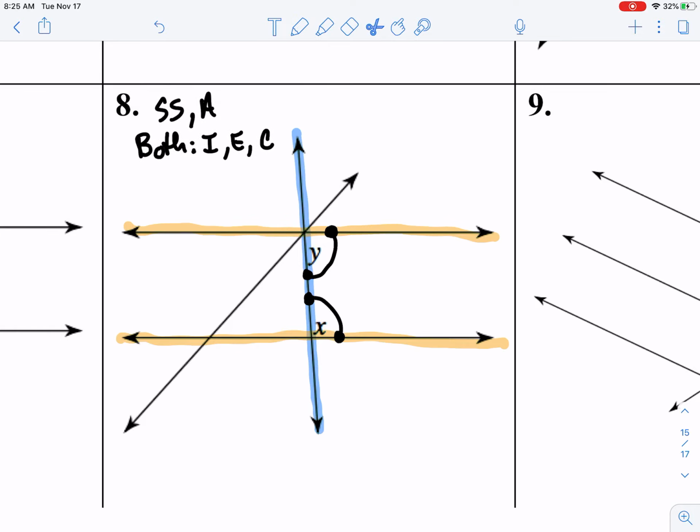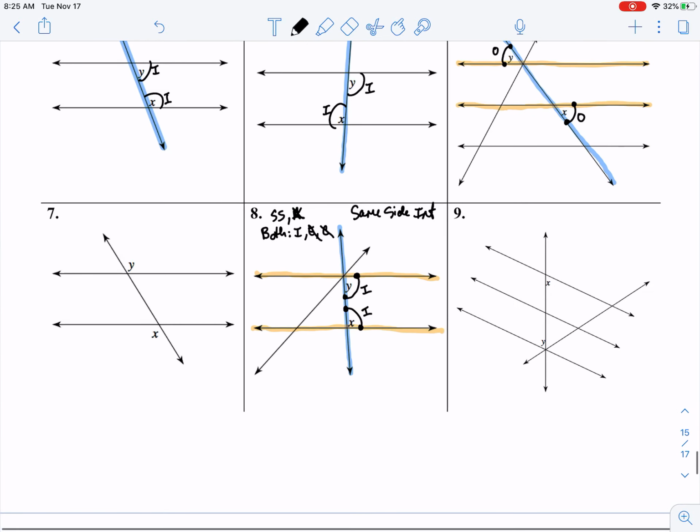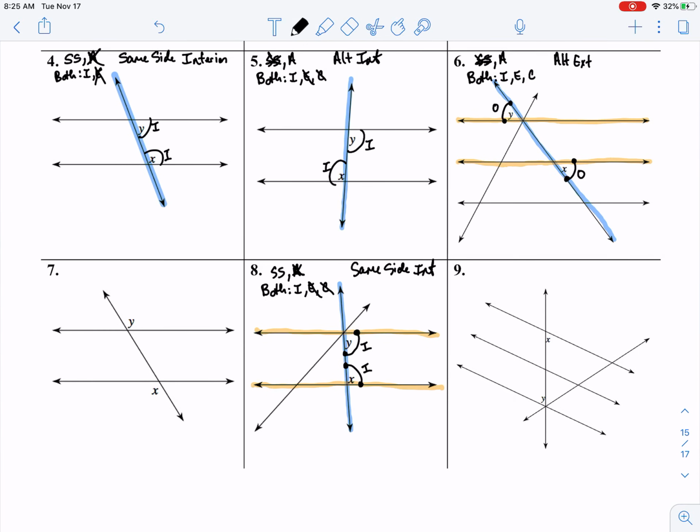Followed up by answering this question. They're both on the right hand side, so they're same side. Y is inside, X is inside, so they're both interior. So I would name them as same side interior angles. In the next video, we'll actually talk about the relationships of these angles and their measurements.